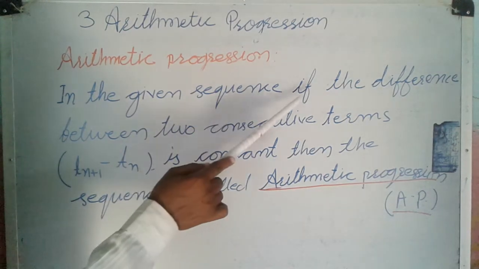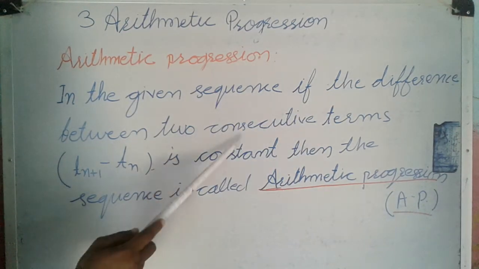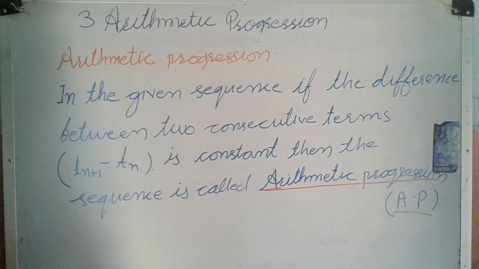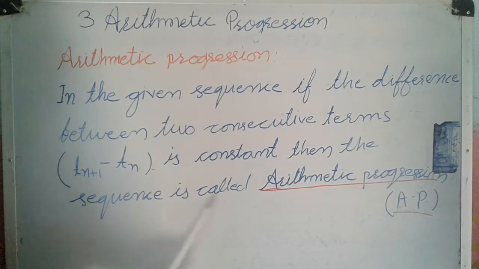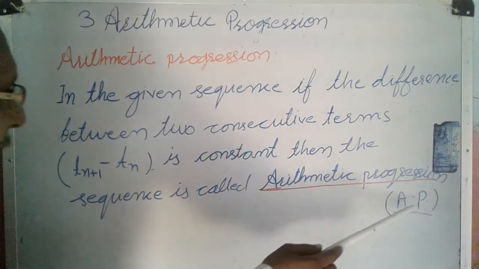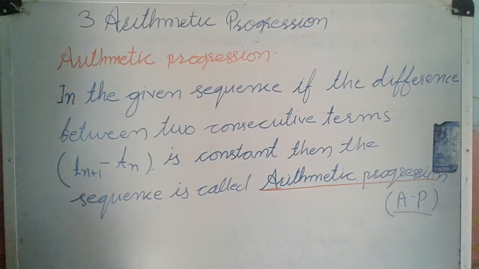In the given sequence, if the difference between two consecutive terms, that means Tn plus 1 minus Tn, is constant, then the sequence is called an arithmetic progression, and in short it is written as A.P. That means Tn plus 1 and Tn are two consecutive terms, and if the difference between these terms is constant, then that sequence is an arithmetic progression.